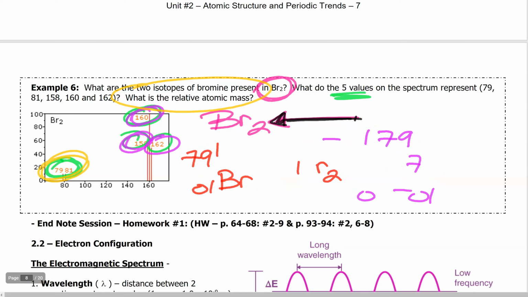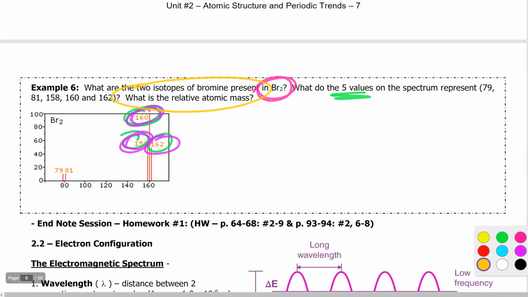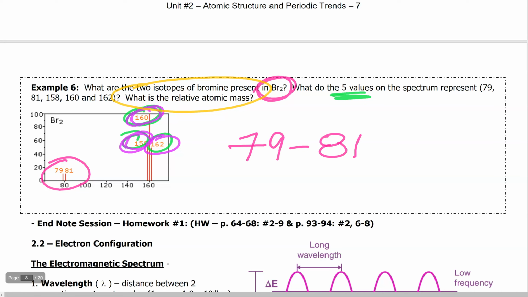So let's go ahead and clean this up, give ourselves a little space. The overall answer is going to be a little tricky because the data is not particularly easy to look at, but if we look here, those are pretty much the same exact height in line. So an individual bromine has to be between 79 and 81, and it looks to me like it splits it right down the middle.